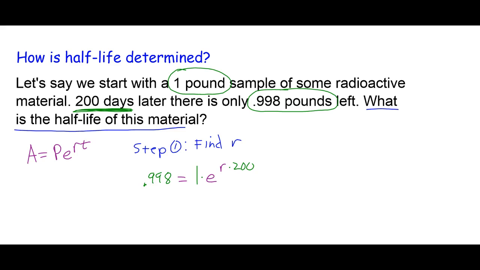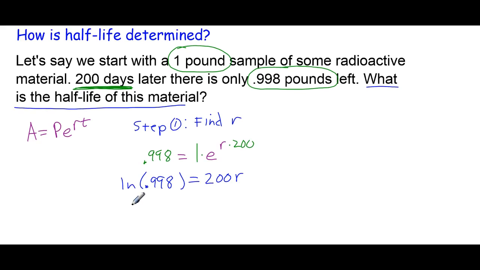One of the first things, of course, we're going to do is ignore that 1, because 1 times anything is just that thing. But then we're going to move e to the other side, and then divide by 200. So figuring out the decay rate is pretty straightforward. And let's figure out a decimal form just out of curiosity.